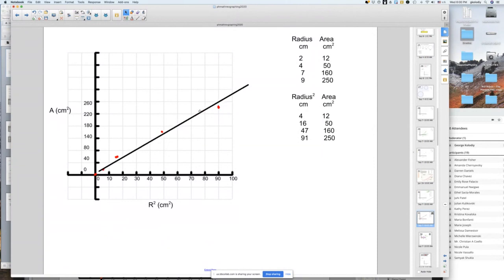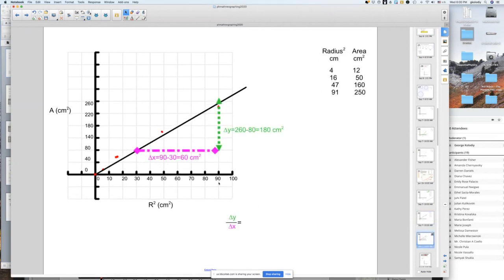And it probably doesn't go quite through the origin, it goes a little above the origin, but the slope of this is that power. What's the slope of this? Well, 80, say 260 minus 80 is 180, and delta y is 90 minus 30, which is 60.